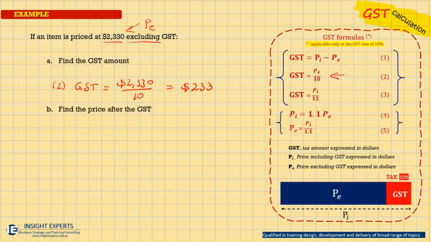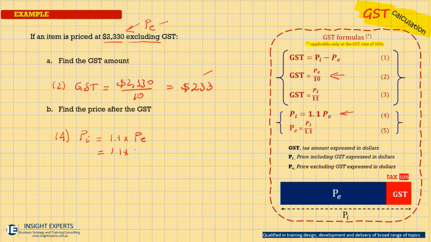Now find the price after GST. Obviously, if I just add PE plus the GST amount, I get the price after tax. Or there are many other equations, and if you like, you can use equation number 4, so you don't have to use the GST amount. From equation number 4, the price after tax is equal to 1.1 times the price before tax.